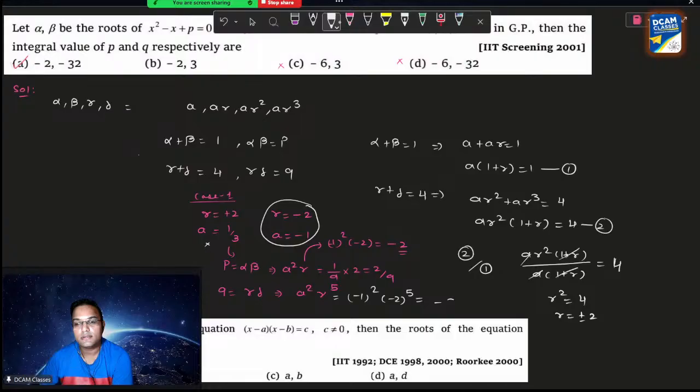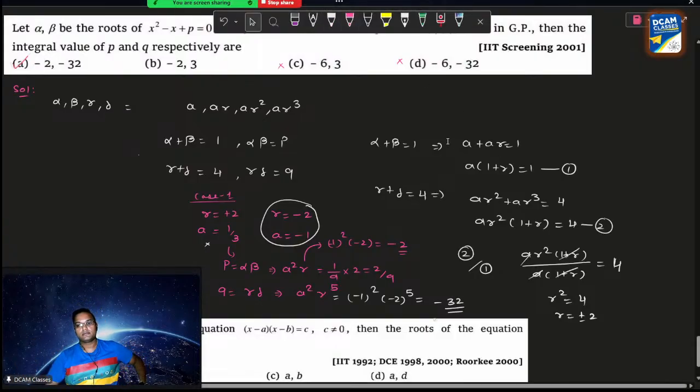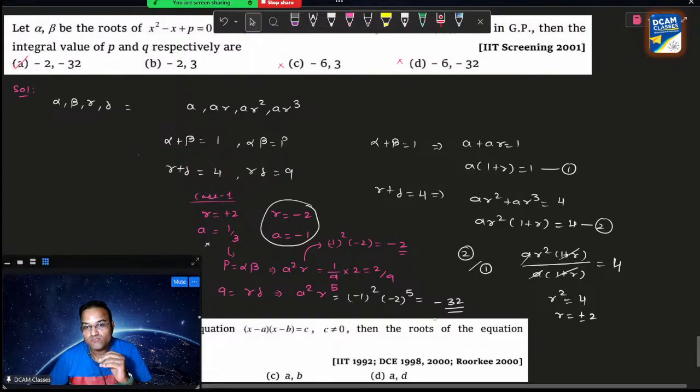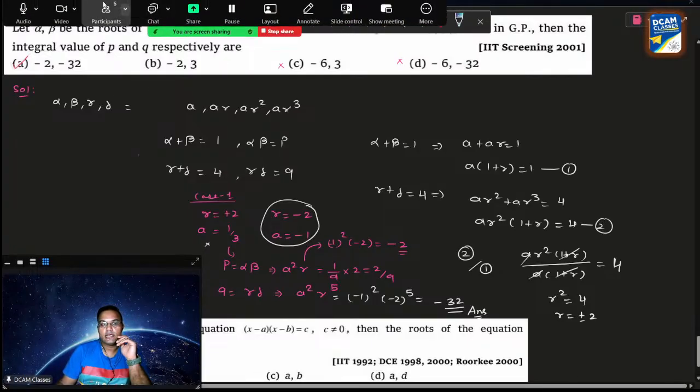I think Diva has got the answer. But what about others? Radhika, did you understand? Everyone is silent.